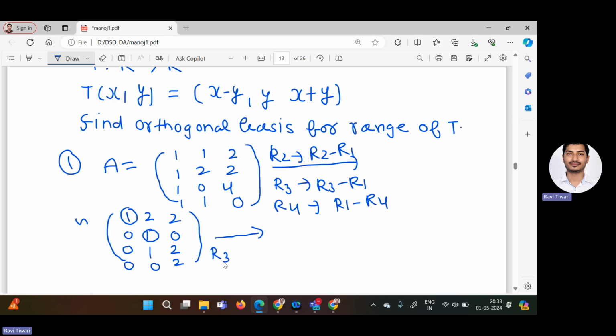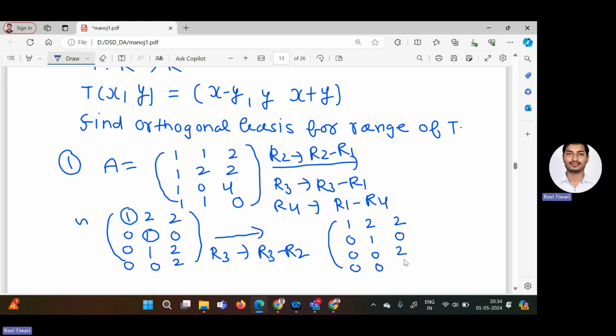The next row operation we can apply: R3 is replaced by R3 minus R2. Then we get 1, 2, 2, then 0, 1, 0, and then 0, 0, 2.